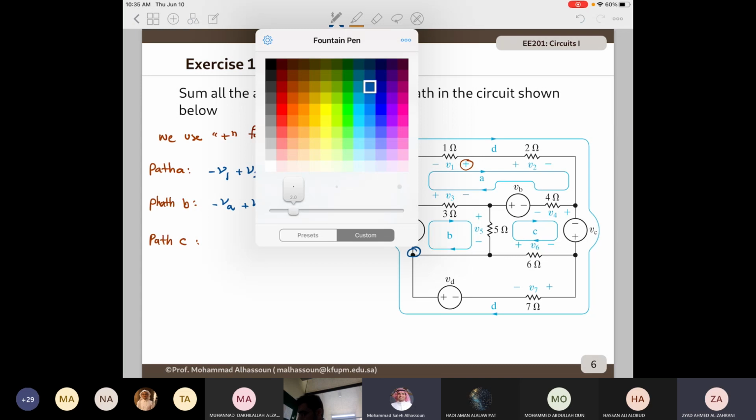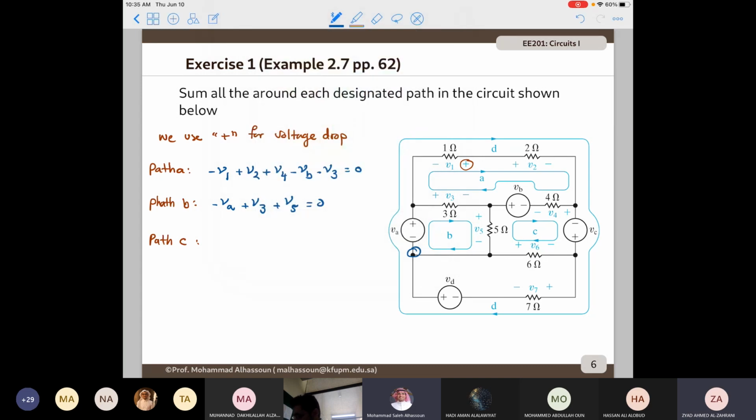Minus VC, minus V6, minus V5, plus VB, and minus V4 equal to 0.